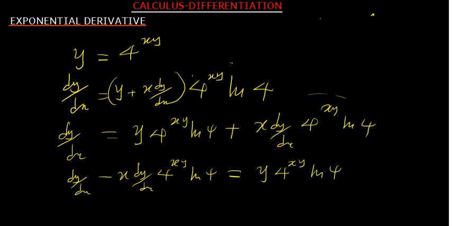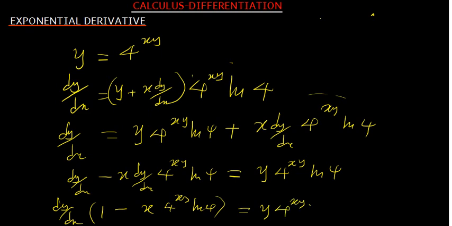Well, we can factorize out dy over dx, and so that will give us dy over dx open brackets 1 minus x 4 to the power xy natural log of 4. Then the other side we have got y 4 to the power xy natural log of 4.